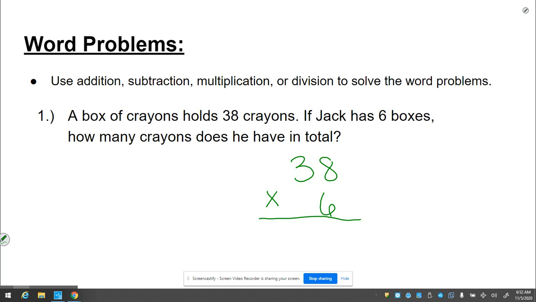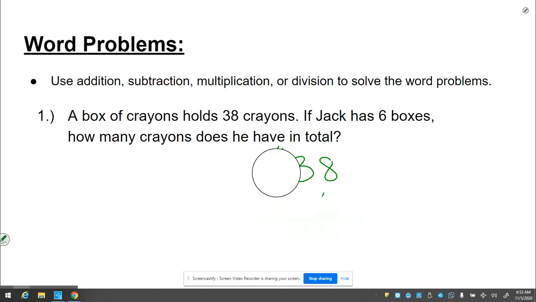And if we solve that, 6 times 8 is 48. Then 18, 19, 20, 21, 22. Jack would have 228 crayons.